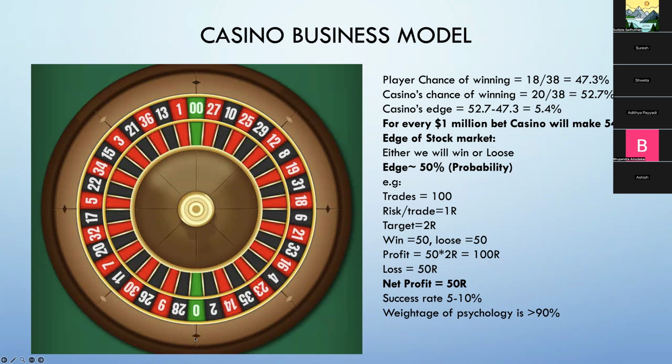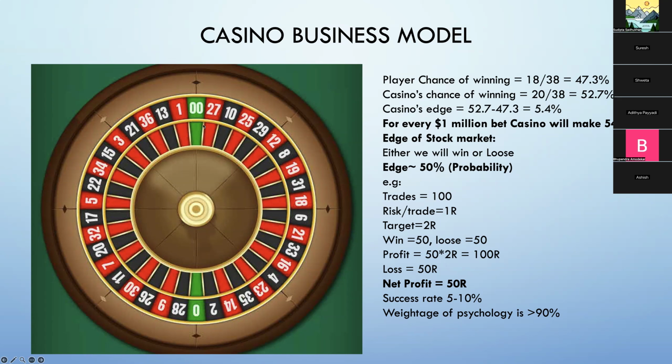If you see the 0 and 00, they belong to the casino. Excluding that, a total of 18 slots will be for players. So 18 divided by 38, the player's chance of winning is 47.3%.